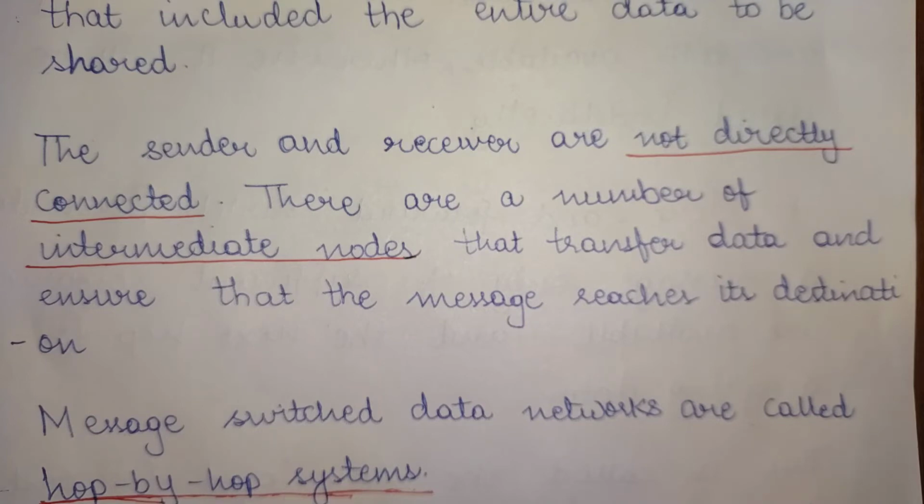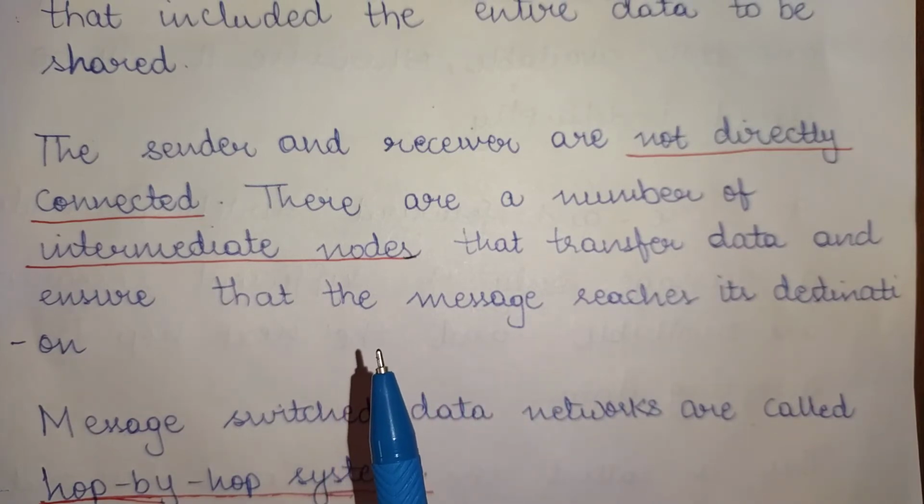So it is quite obvious that there is no direct connection between the sender and the receiver. Rather, there are a number of intermediate nodes in between who do the task of transferring this data as and when they receive it, and they ensure that the message reaches its destination.